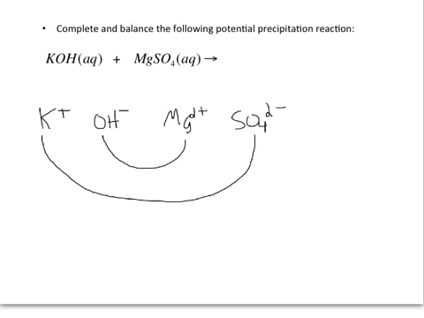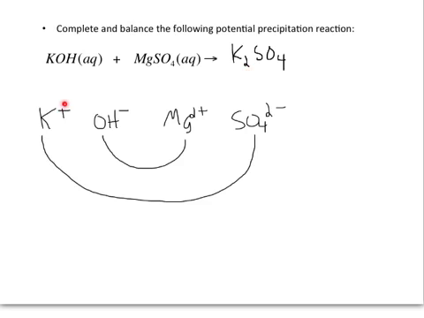As an example, when I combine potassium and sulfate, because potassium is +1 and sulfate is -2, I'm going to need 2 potassiums for every 1 sulfate, so it's K2SO4. Notice in the reactants, the subscript on the potassium is 1, and the subscript on potassium in the products is 2, because those two things don't have anything to do with one another.